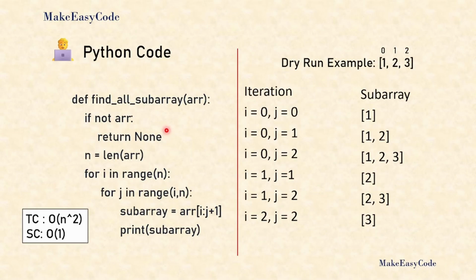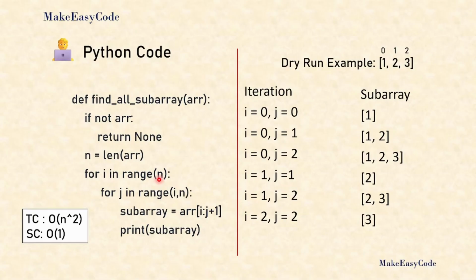Here's the code. Now I've written n equal to len of array. Here we are storing the length of the array into the variable n. And after that, we start with a loop for i in range of n.